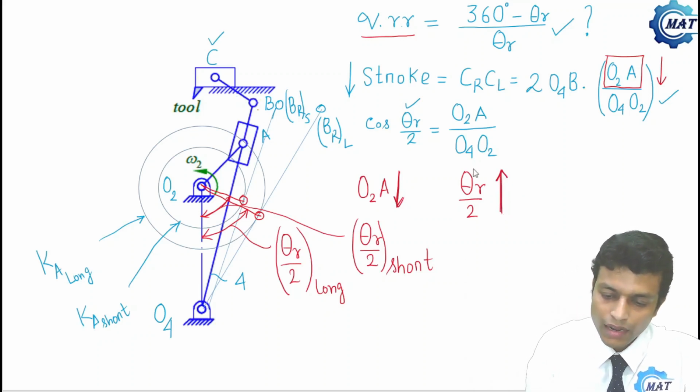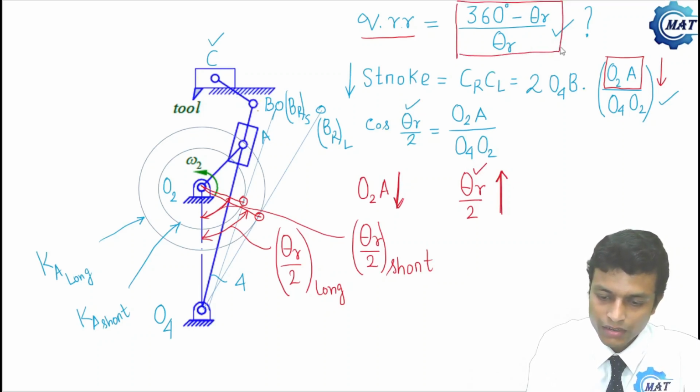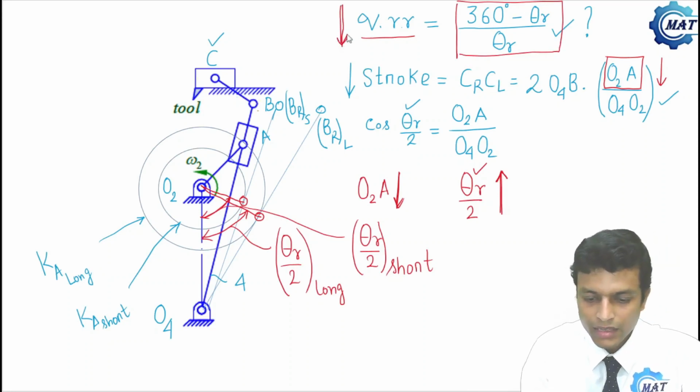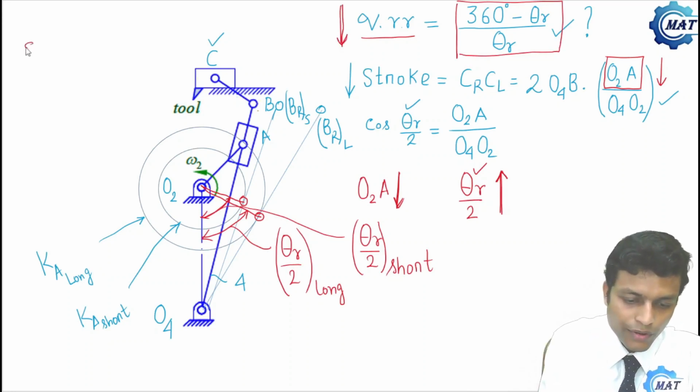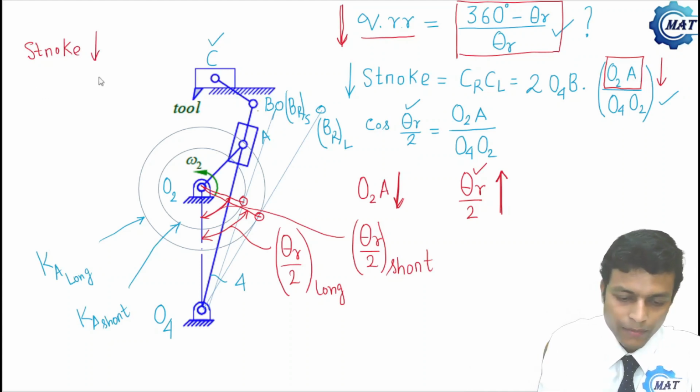So if theta r by 2 increases, then from this expression we can understand that the value of QRR reduces. That is, if we want to reduce the stroke of a quick return mechanism, then we have to reduce O2A.